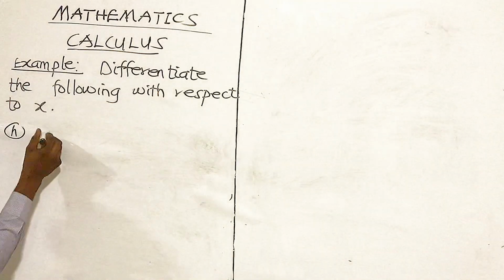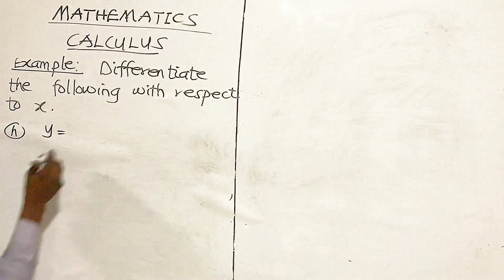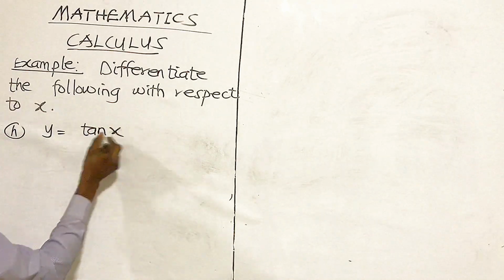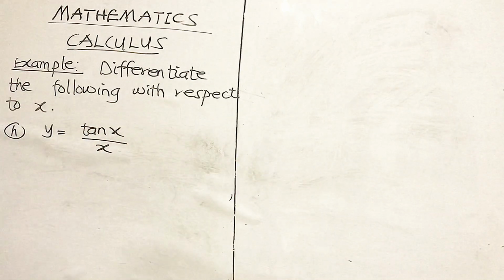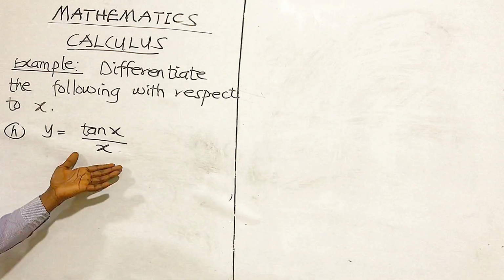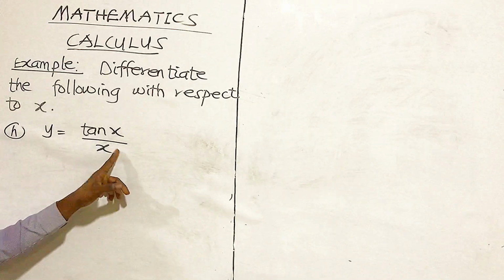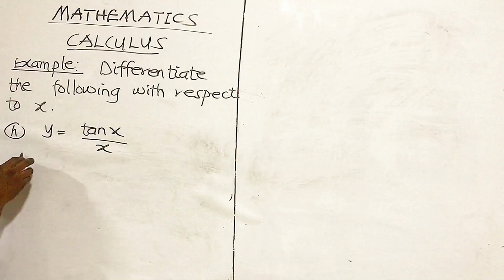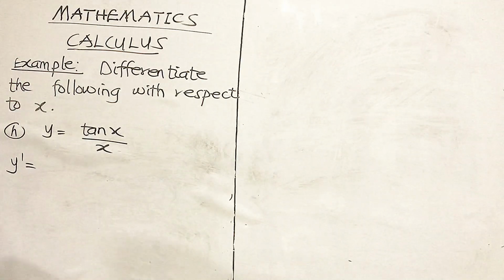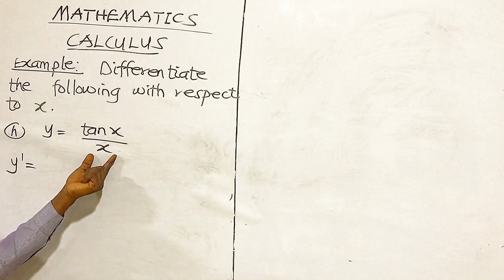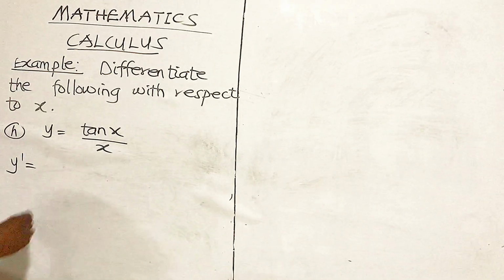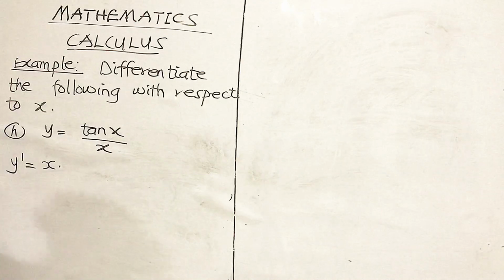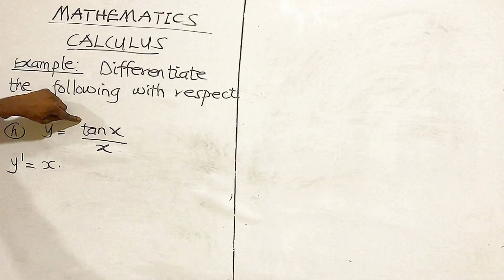H. We have y is equal to tan x all over x. Over here, tan x is dividing x, and we are going to use the quotient rule. So we have y prime to be equal to, with the quotient rule, first of all maintain the denominator, which is x, multiplying the differential of the numerator.